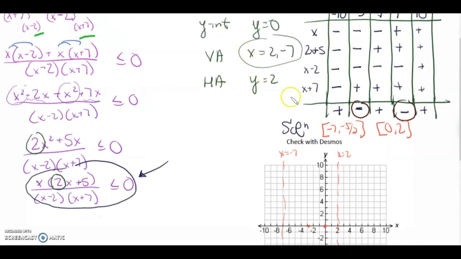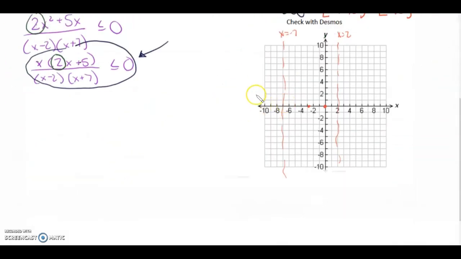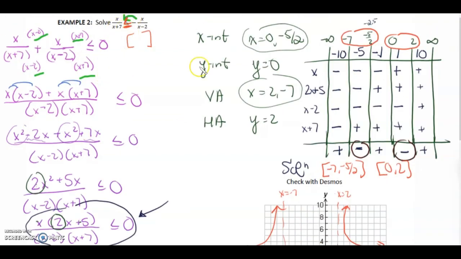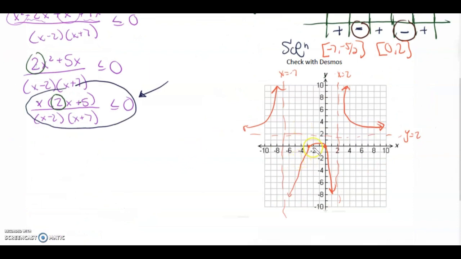We're going to put a horizontal asymptote at y equals 2. So we know we're about right here, and here, and here. So the solution when our function is less than or equal to 0 would be this leg here and this leg here.